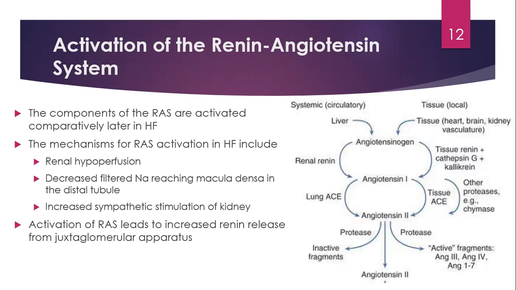Now, if you inhibit angiotensin converting enzyme using angiotensin converting enzyme inhibitors, rather than have this angiotensin 1 being converted to angiotensin 2, you have another enzyme that acts on it.